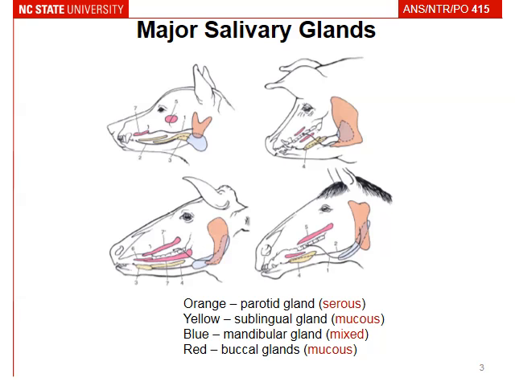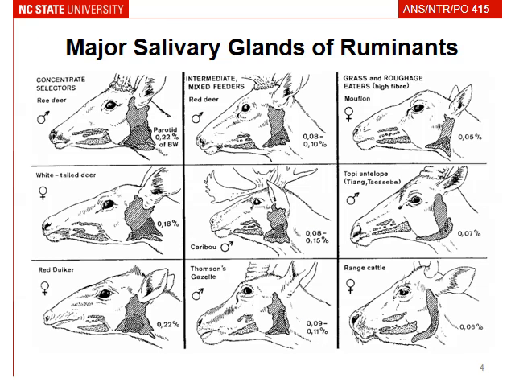These are more classified as minor salivary glands. They also produce mixed saliva. They're usually more up on the top of the mouth, and those are classified as minor. They change greatly depending on the animal, and there are many different glands throughout the mouth. But those are the main ones that I want you to know for this class.